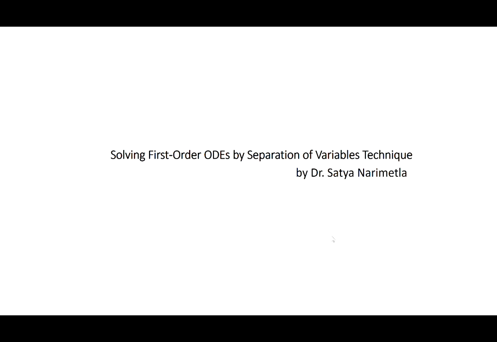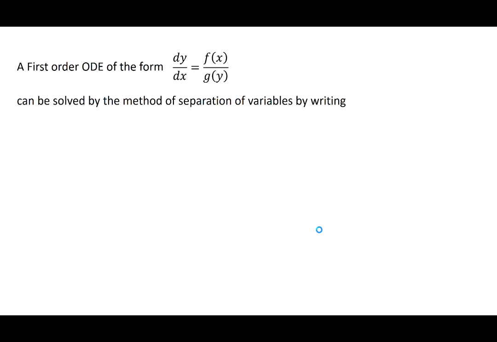Okay, now the first thing that we will be exposed to is this separation of variables technique. All right, let's see what in the world it is. A first order ODE of the form dy dx equals f of x over g of y can be solved by the method of separation of variables.